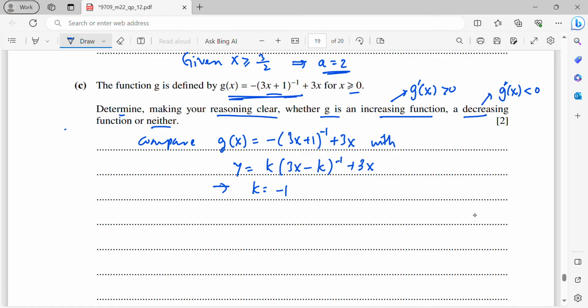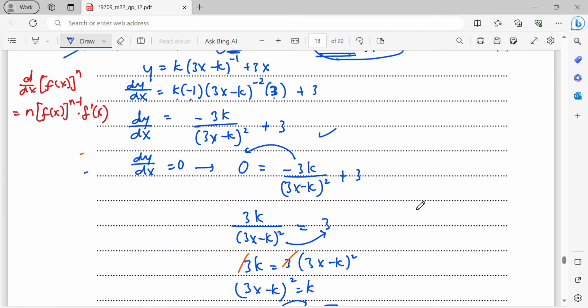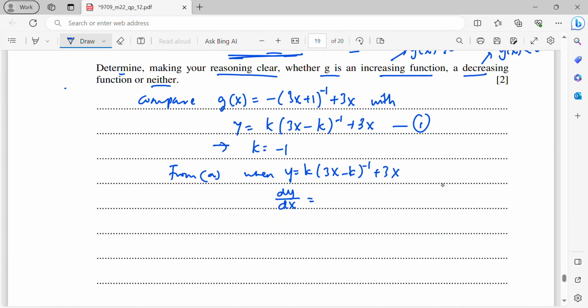Now, y equals k of 3x minus k to the power of minus 1 plus 3x. We have done the dy/dx here, so go back to part A, the dy/dx is this. So I will copy this expression. It will be negative 3k over 3x minus k squared, plus 3.